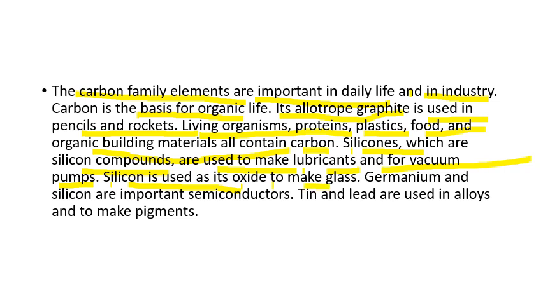Yes, glass is made at the industrial level from silica, and germanium and silicon are important semiconductors used in various devices, and tin and lead are used in alloys and to make pigments. So we have very important applications of this family, group 14. They are very important elements.